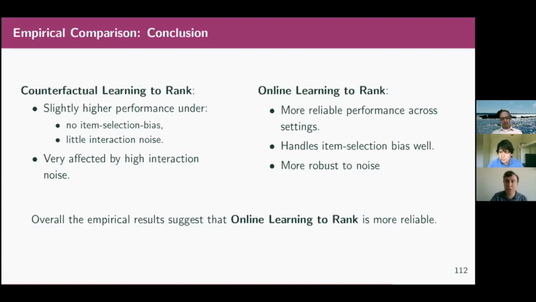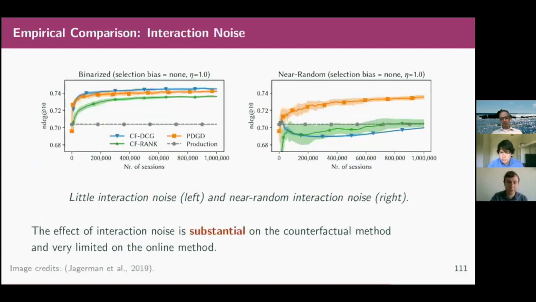That's a good question. Going back to the slide with near random noise, this is indeed maybe not very realistic, because non-relevant documents get clicked 45% of the time and relevant documents only 55% of the time. I'd argue that it depends heavily on the setting that you're in when you're doing ranking.